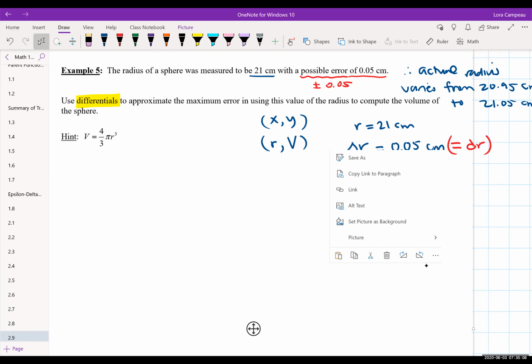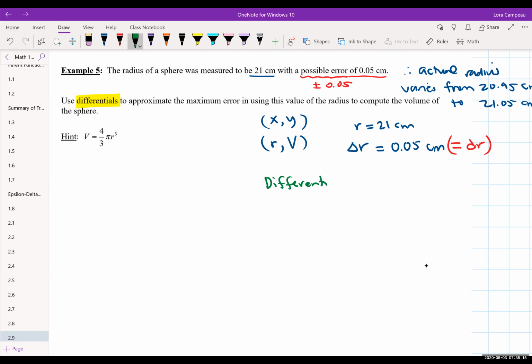Okay, so let's talk about differentials a little bit. Let's remind ourselves what the formula is. They want us to find how much the volume is changing, so we're looking at the change in V. Now, if we have very close values to our original radius of 21 centimeters, which is what we're assuming, this change in V should be relatively close to our dV.